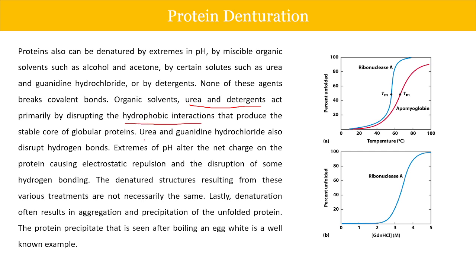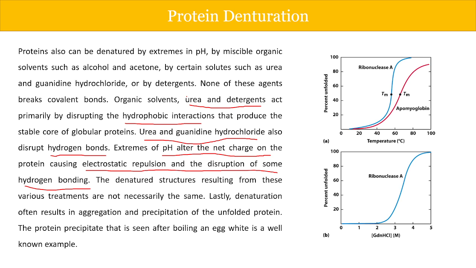Urea and guanidinium hydrochloride also disrupt your hydrogen bonds. Extremes of pH alter the net charge on the protein, causing electrostatic repulsion and the disruption of some hydrogen bonding. So just keep in mind the names of the reagents and which bonds or interactions they disrupt.